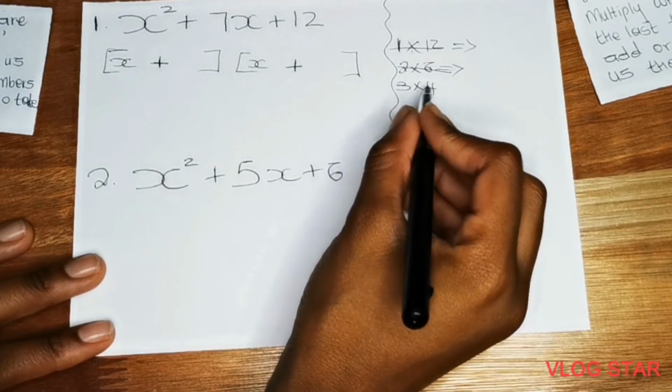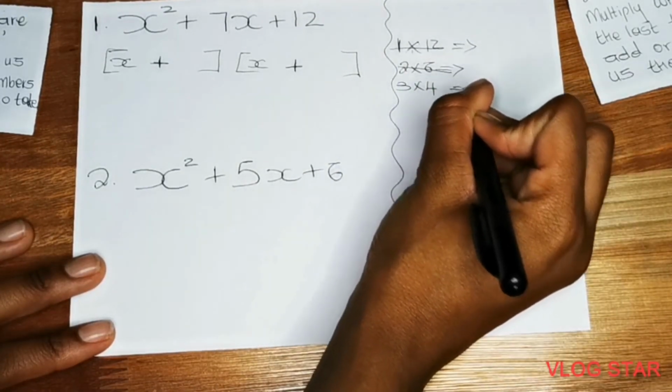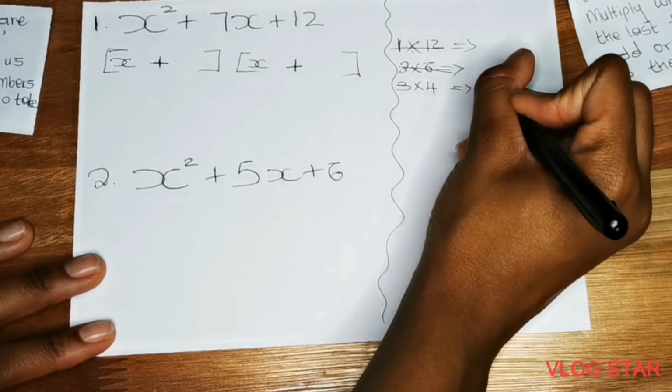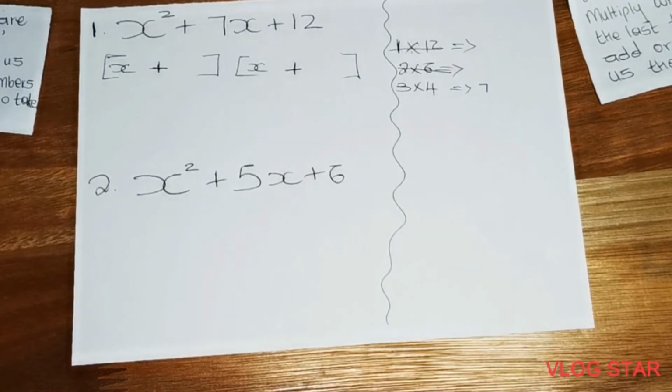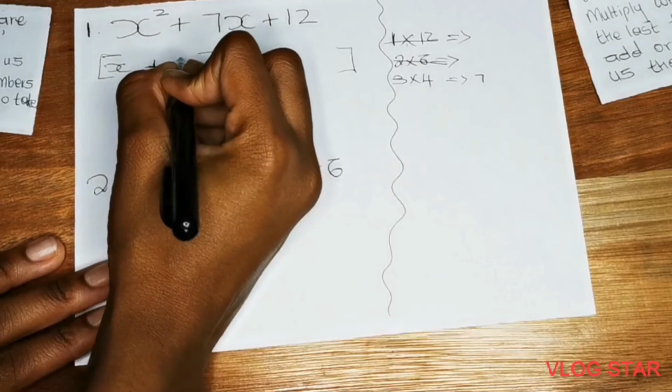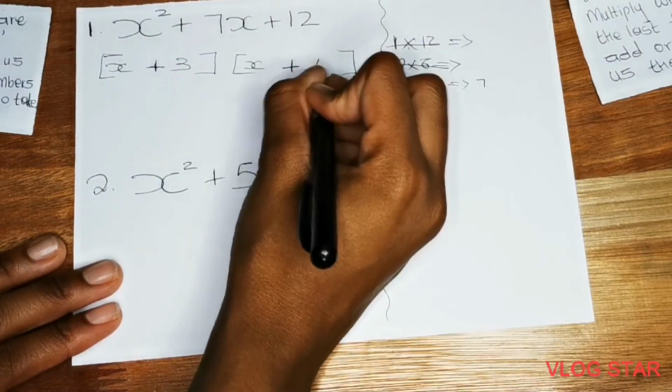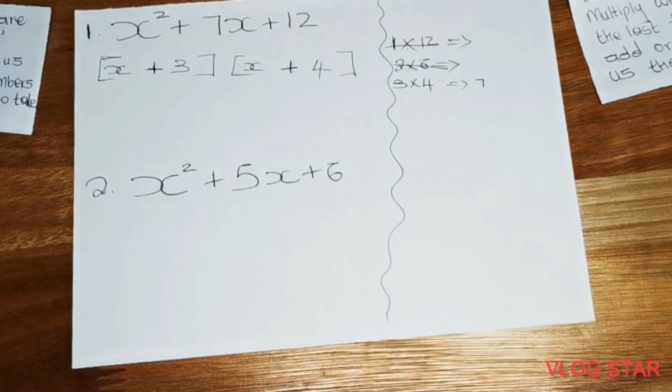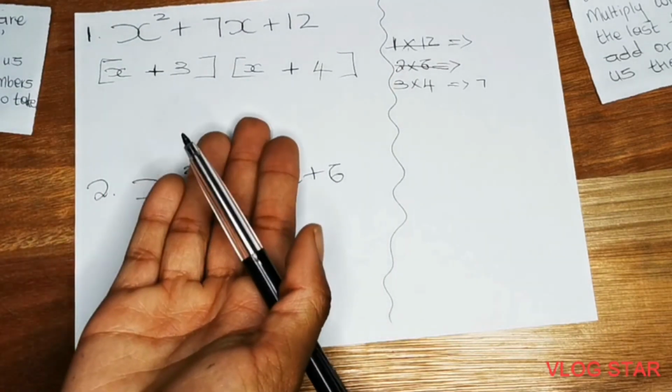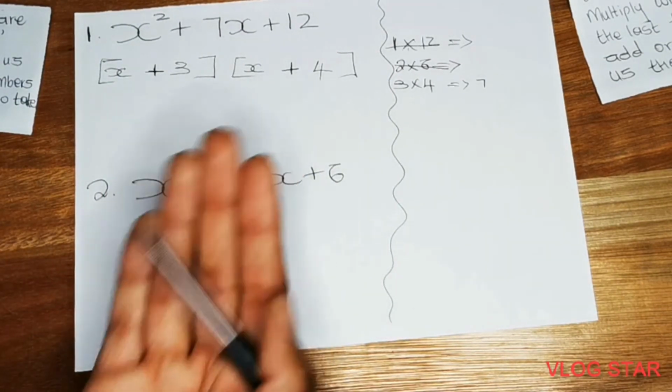When adding 3 and 4, do we have a chance of getting 7? Yes. 3 plus 4 equals 7, meaning the two numbers in our brackets are 3 and 4. We put 3 in the first bracket and 4 in the second bracket. So we are done factorizing number 1.